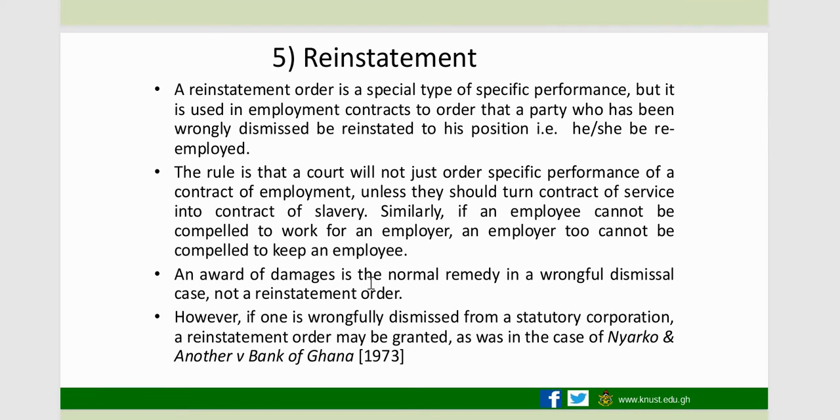Then let's look at the fifth one, that is reinstatement. This is mostly used in employment contracts and the rest. The court may order an employer to give back a job to someone who was fired wrongly. I remember this from my JHS. One of my teachers caned the proprietor's son.